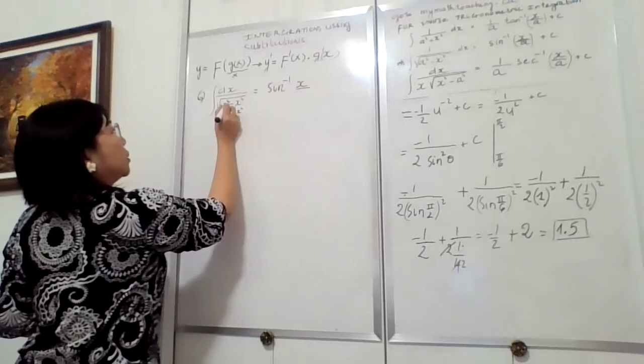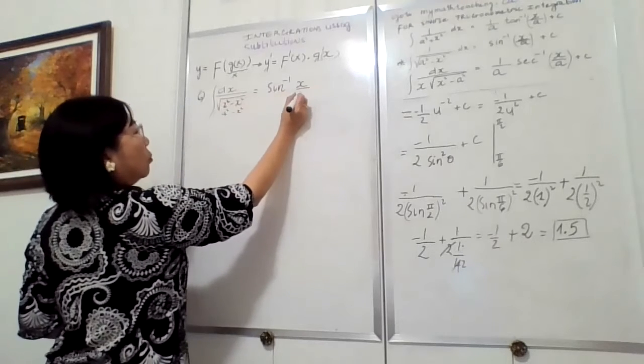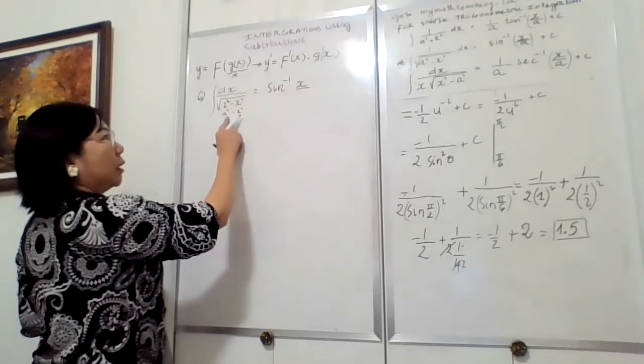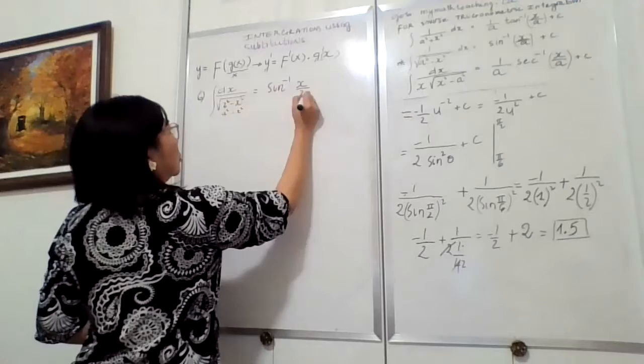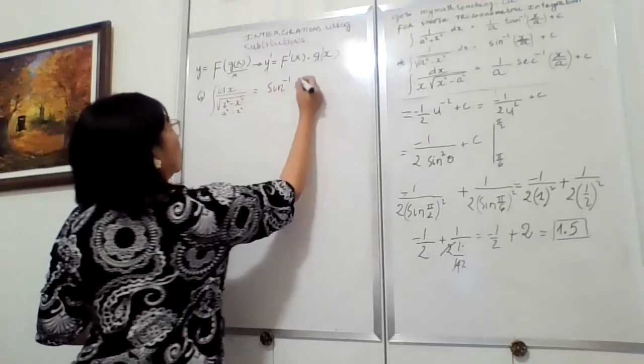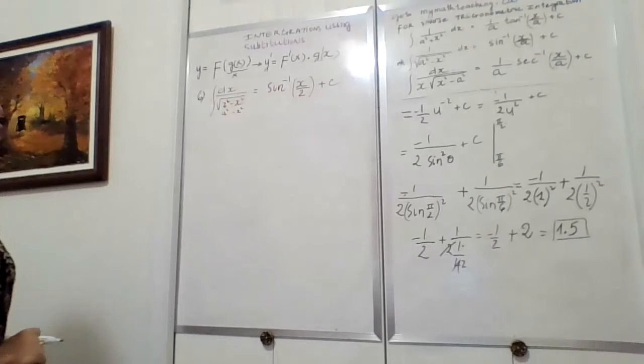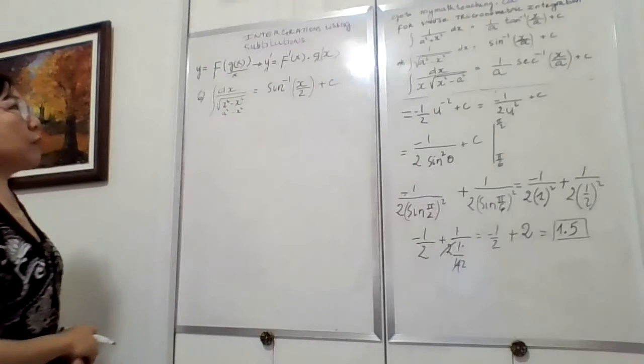Remember, this is squared, but when we take it into the angle, it's just the numerical a, not a squared. So it's 2. The angle is x over 2 plus c. And that's how you do the integration for this question.